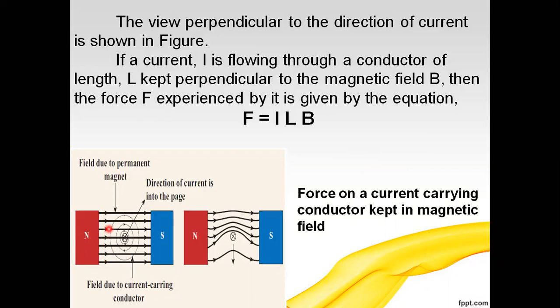This is the permanent magnet, these are the magnetic field lines, and the current is flowing through the conductor. Michael Faraday found that the compass is also deflected, and the force acts perpendicular to the direction of the magnetic field.